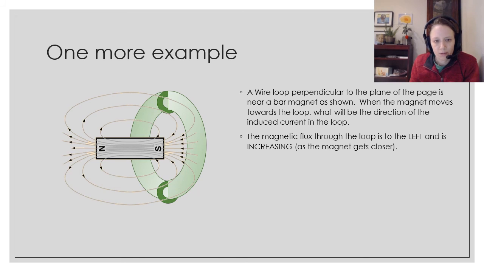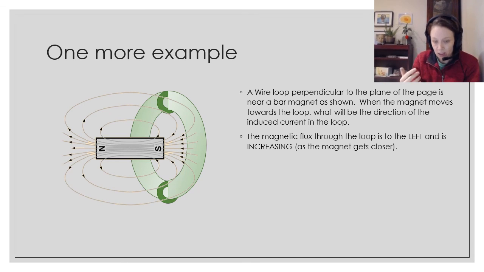Well, the magnetic field in the region of the loop is acting to the left, right? Because we know that magnetic field lines leave north poles and come back in at south, or they point in the direction that a north pole would point, so a north pole pointing towards that south. So that means that the magnetic field is actually going to the left through the loop.